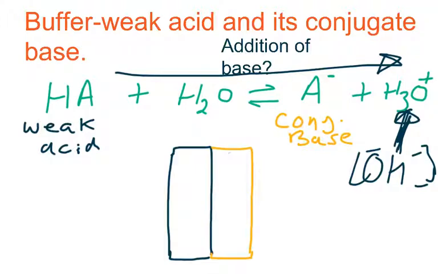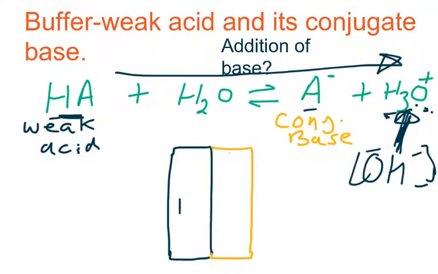Okay, why is it doing that? Because we're taking away H3O+ over here by reacting it with OH-. This HA will ionize and produce more of the products. It will produce more A- and more H3O+, trying to relieve that stress.